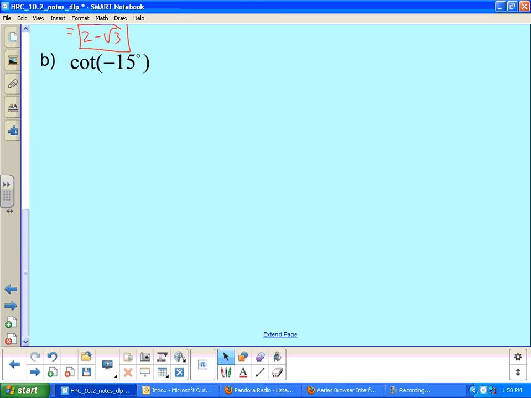So we don't have a rule for cotangents, we don't have a rule for secants, we don't have a rule for cosecants. So what do we need to do instead? Yeah, we need to take 1 over them. There are 2 approaches to this. First of all, maybe we start with the fact that I've got a cotangent, which is actually 1 over tan of negative 15. Here's what I would do.